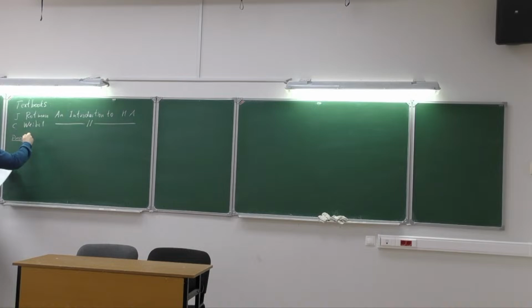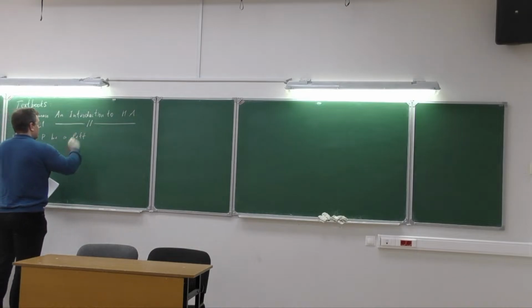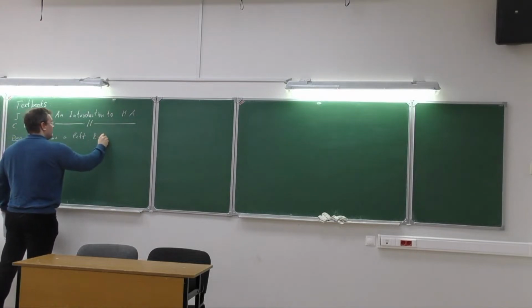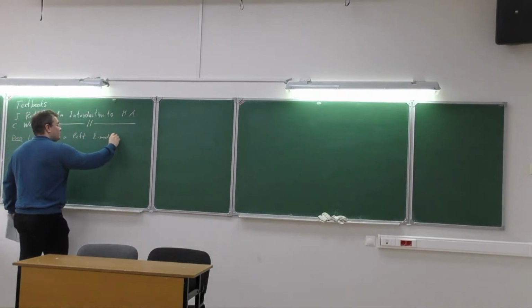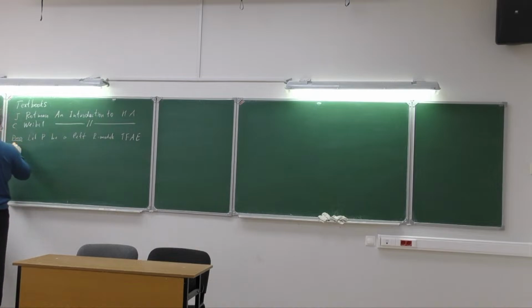So let P be a left, but it could be right, it doesn't really matter, a left R-module. Then the following 5 conditions are equivalent. The first condition is that P is projective.